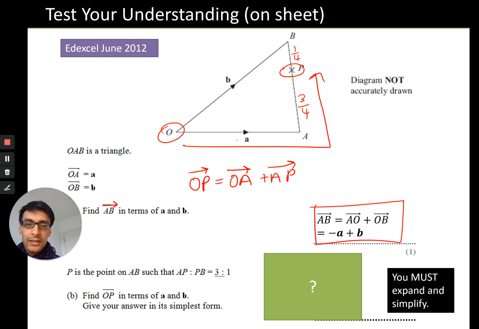We can then replace this with OA is equal to A and AP is 3/4 AB.